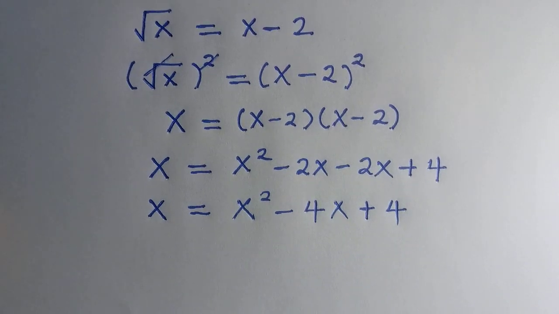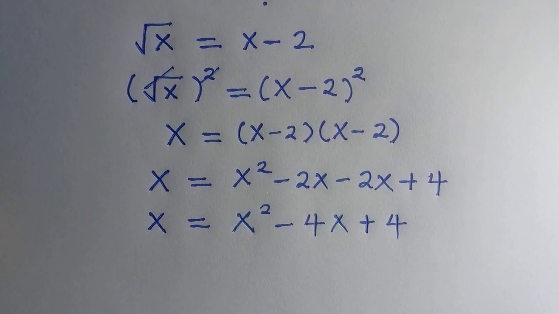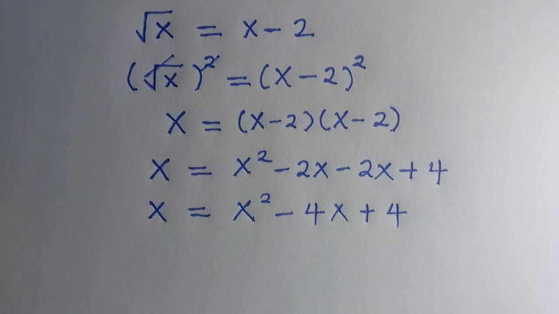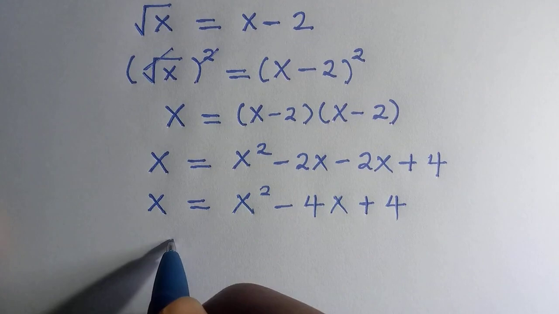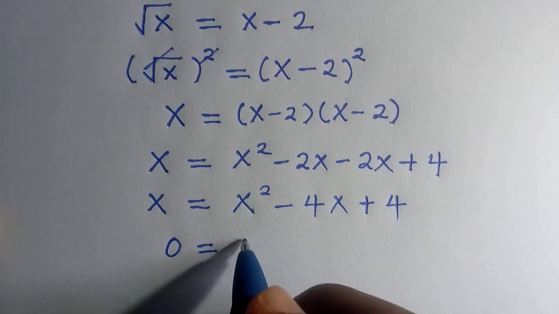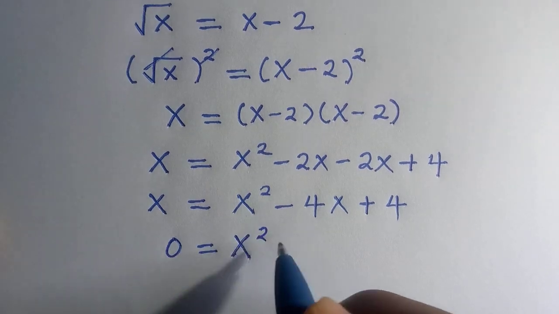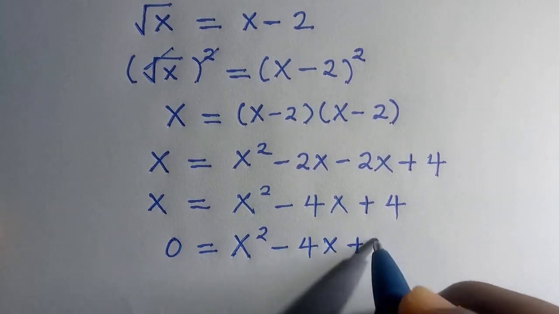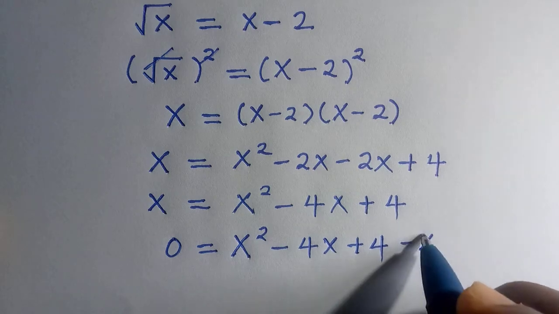After having this, the next thing we are going to consider is taking x to the right hand side. So the left remains 0 equals, and when x is coming here, it becomes negative. We have x squared minus 4x plus 4 minus x.